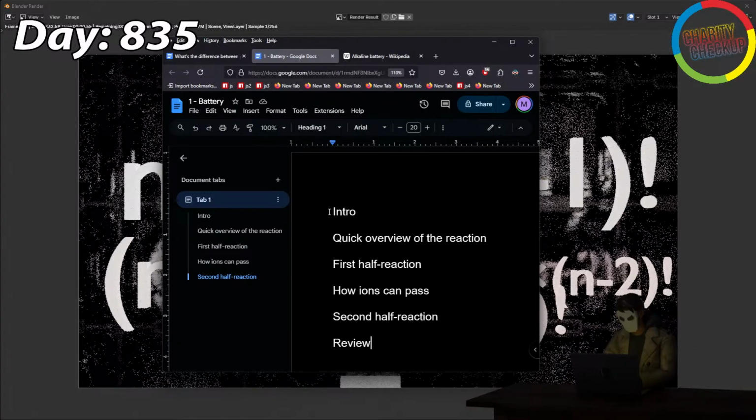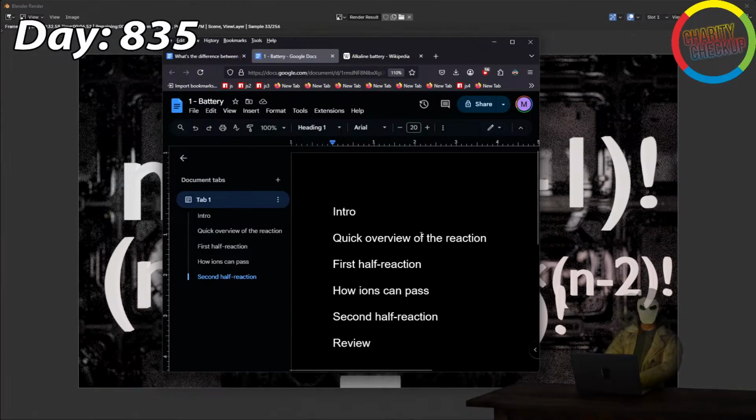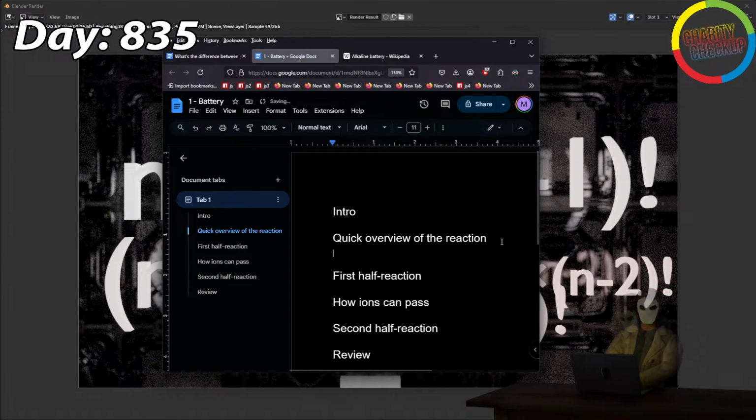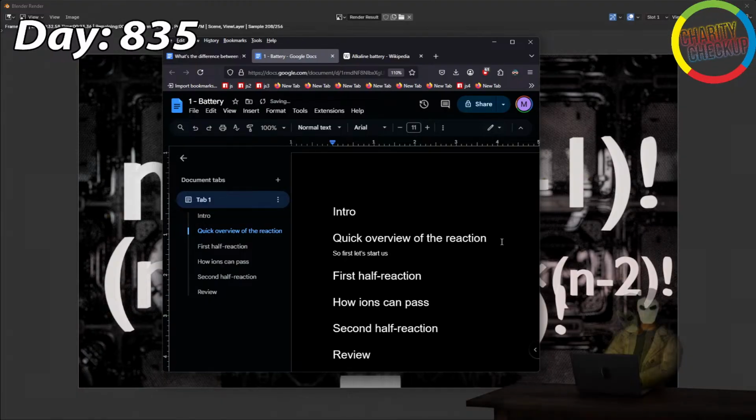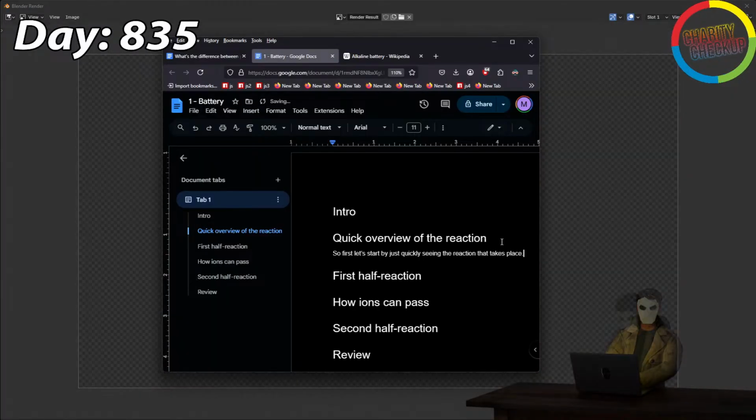Okay, so first, quick overview of the reaction. First, let's start by quickly seeing the reaction that takes place.